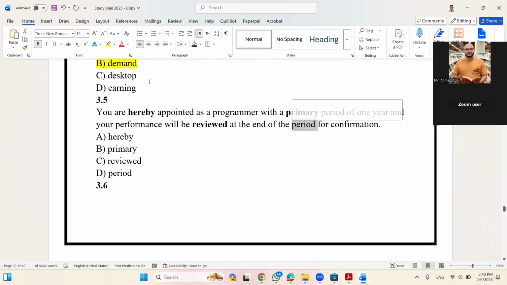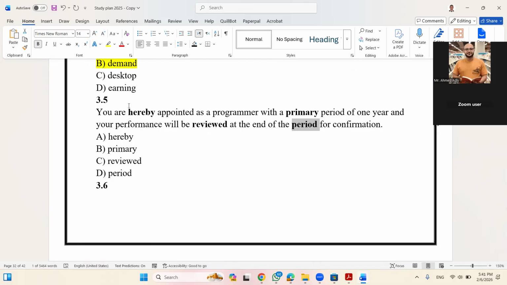So which one does not make sense here? Can you please break it down? We said that this sentence is about somebody who's been appointed as a programmer and will be recruited for just 1 year. And after 1 year, his performance will be reviewed for confirmation. So which one does not work here? I think period.